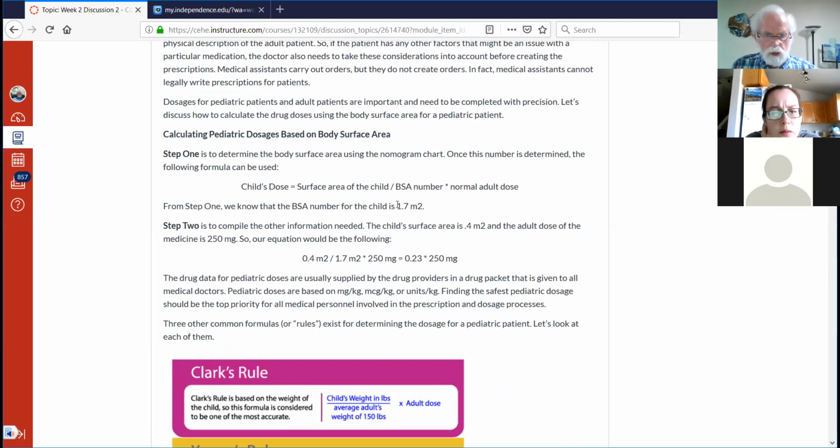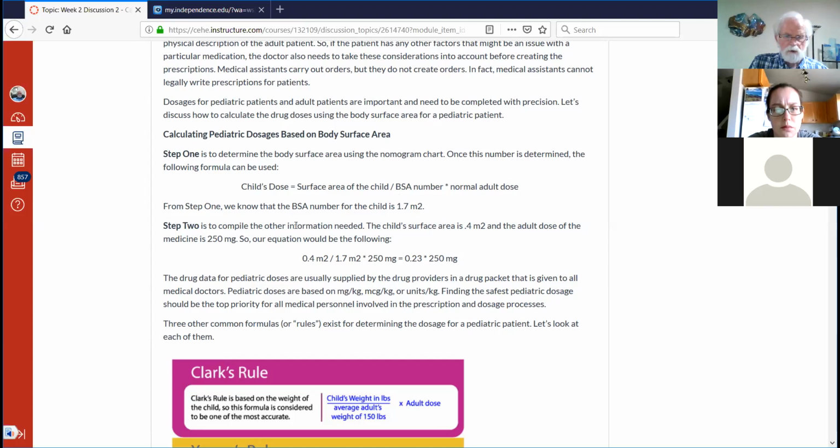This should be 0.4. I'll try and get that corrected later on this morning. Looking at the nomogram, we've calculated the BSA is 0.4 square meters, not 1.7.